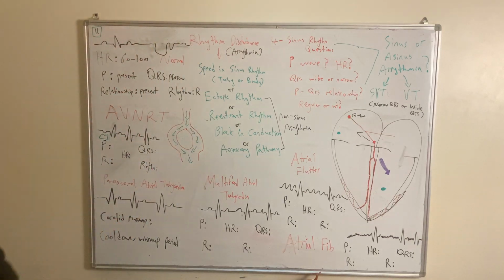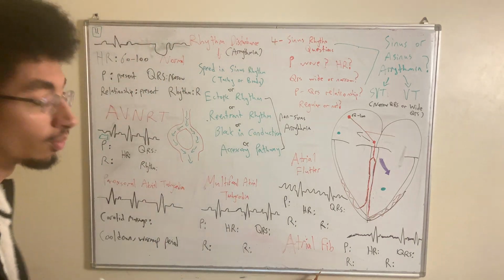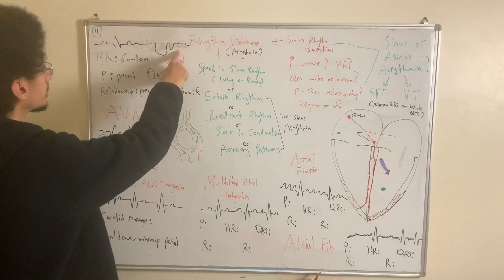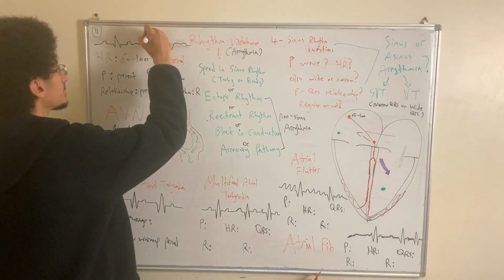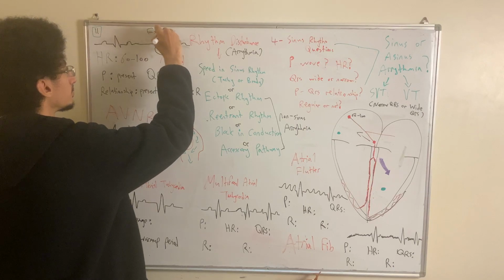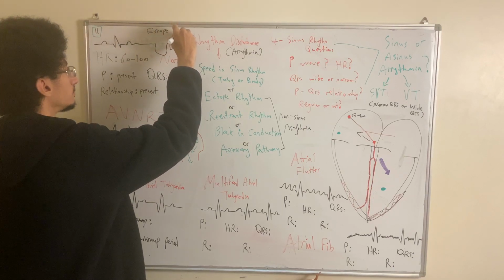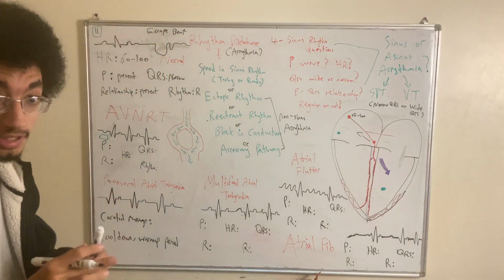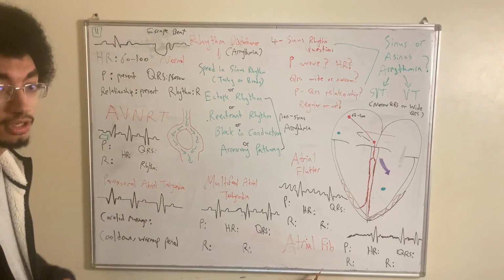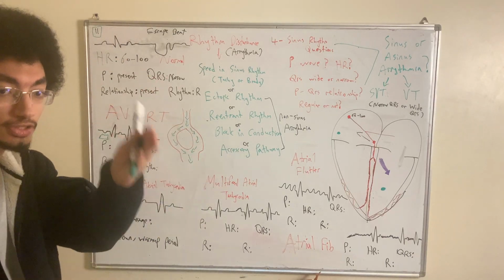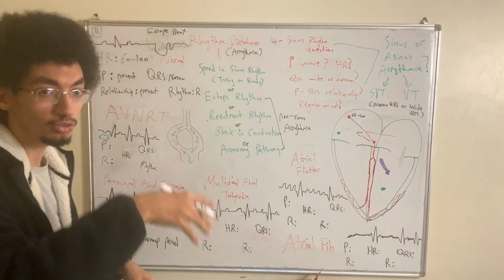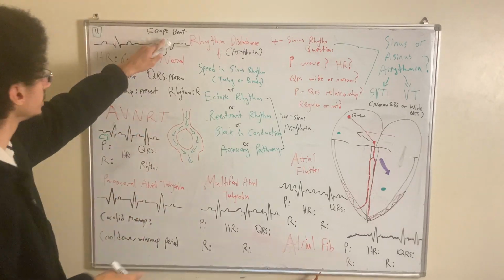What is this finding right here? Well, what we see here is what is known as an escape beat. This is known as an escape beat, or in some books, idioventricular rhythm, accelerated idioventricular rhythm, or escape beat.